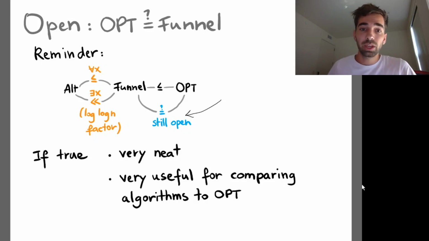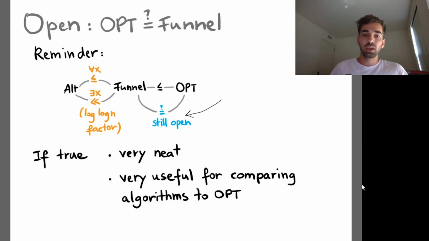If that is true, I think it would be very neat first, because it would give a very simple definition to opt, which is usually defined as a minimum of many things. In order to define opt, if this were the case, then you would simply have to, again, count the number of pinwheels, which is a very cute geometric figure.